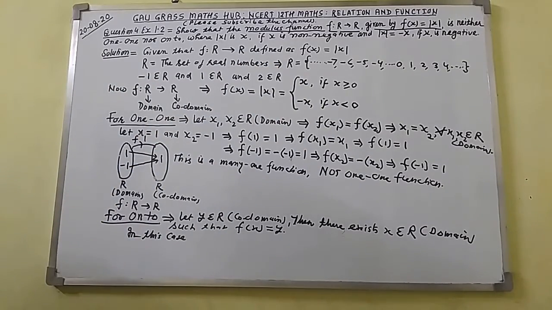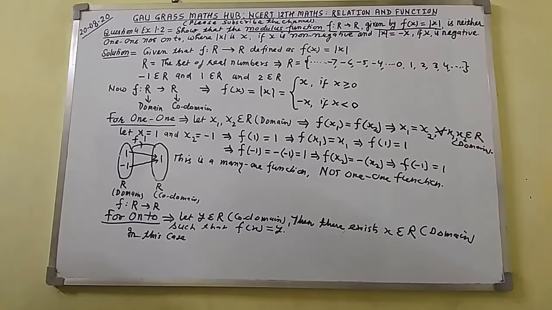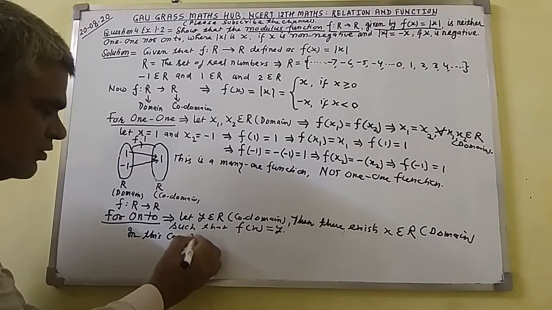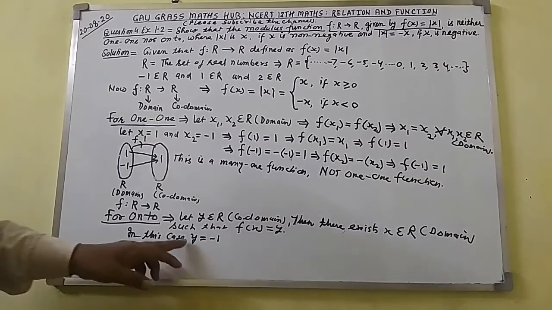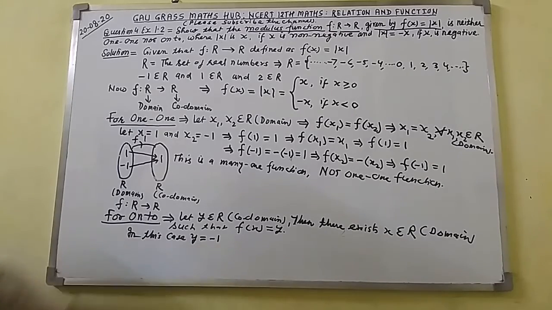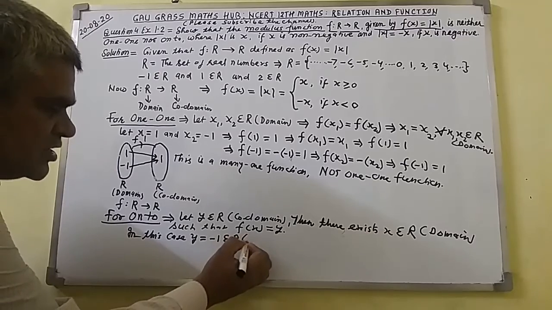If I take y equal to -1, y equal to -1 belongs to capital R, that is codomain.